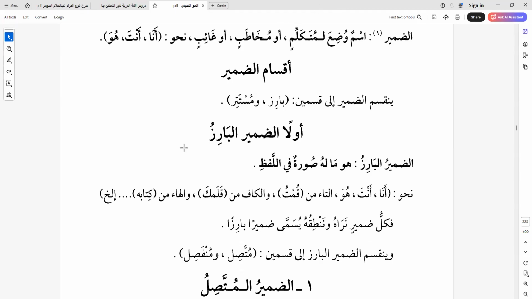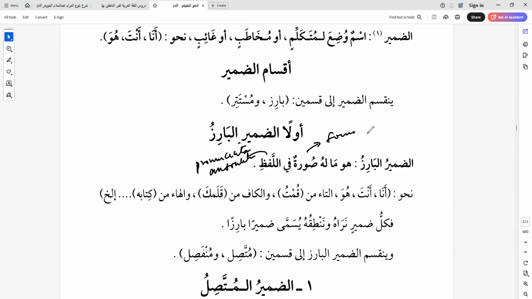You are not hiding. الضمير البارز هو ما له صورة في اللفظ. Right? ما له صورة. It has a form. In لفظ, you can say in pronunciation or articulation. So you can pronounce it and then you can see it.